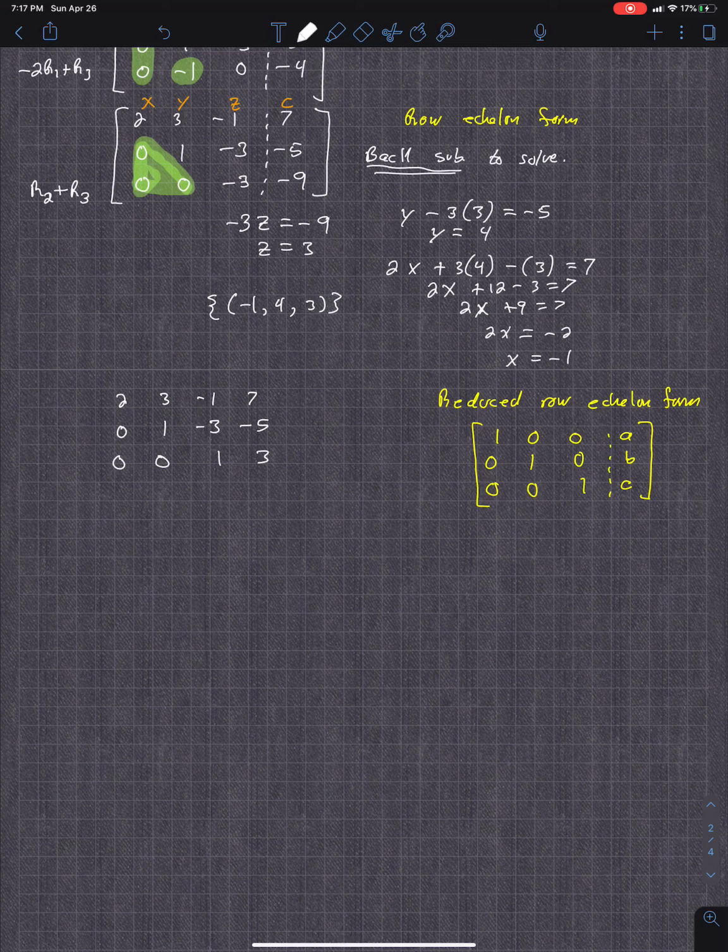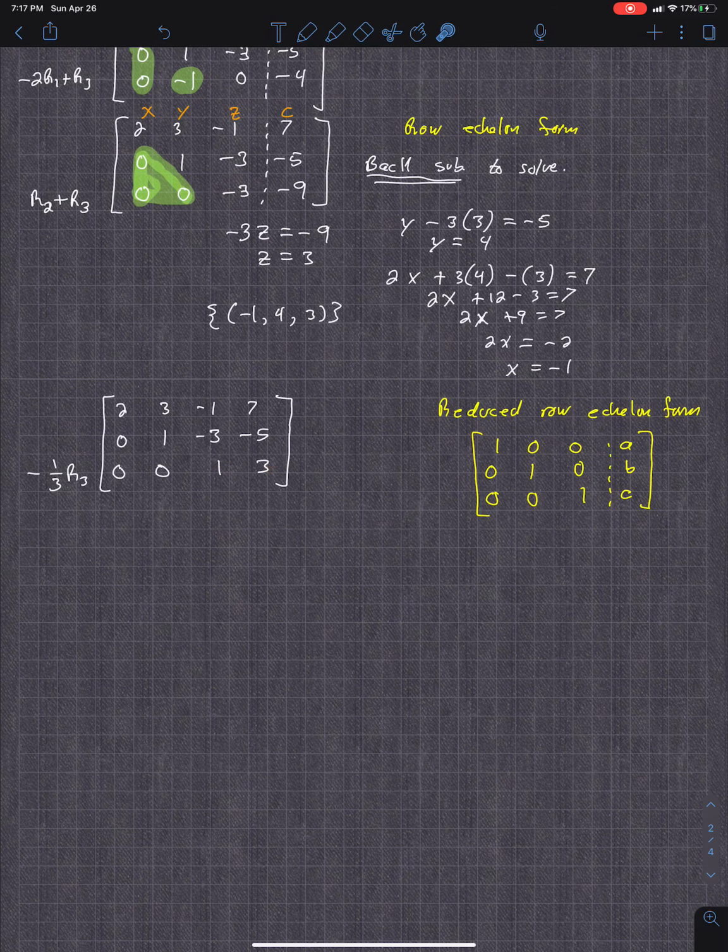Oh, I went ahead and did that there. To make this simpler, I went ahead and multiplied that by a constant. So I did negative 1/3 row 3 and put it right there. So we can see from here, if I do negative 1/3, that's a 1.